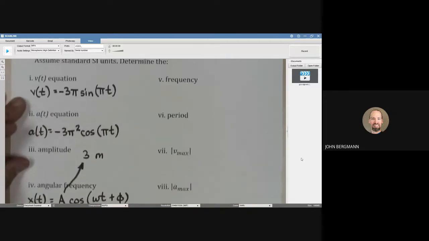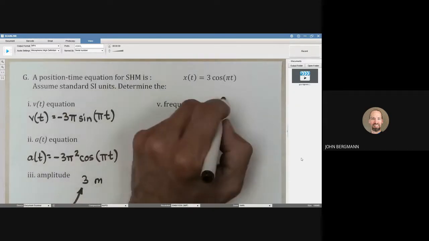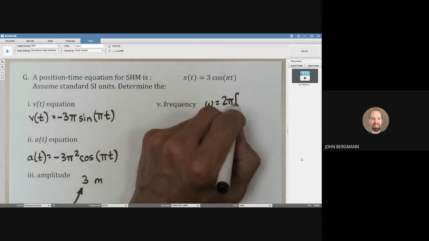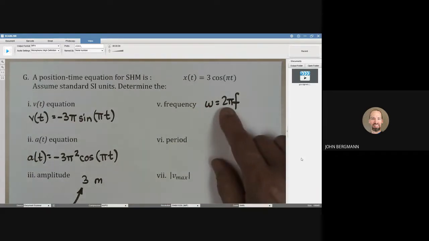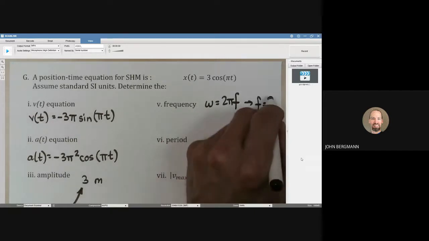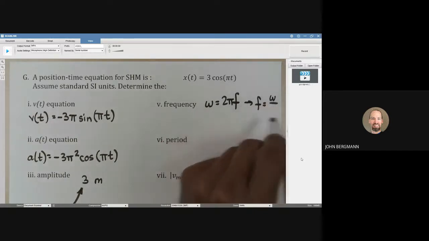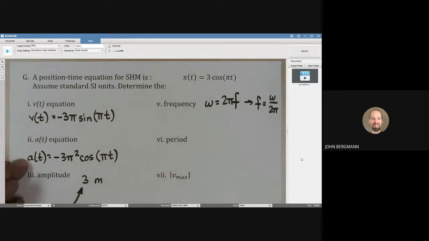How about the frequency? The equation that we came up with some time ago was that the angular frequency is equal to 2 pi times the frequency. So here, if we take the frequency by itself, it's going to be the angular frequency divided by 2 pi.